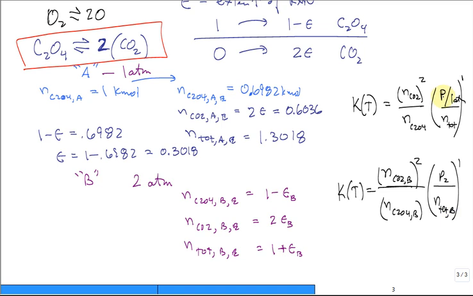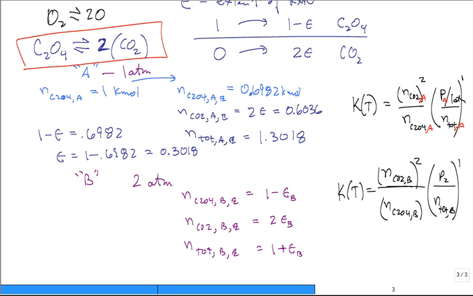I should have put a total. Sorry about that. This is the pressure at A, the number of moles of CO2 at A, the number of moles of C2O4 at A, the number of moles total at A.